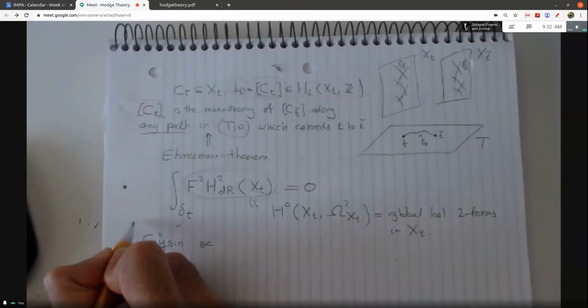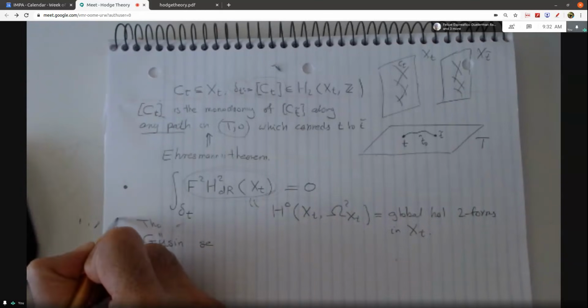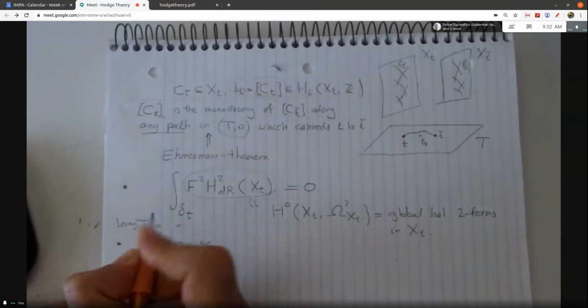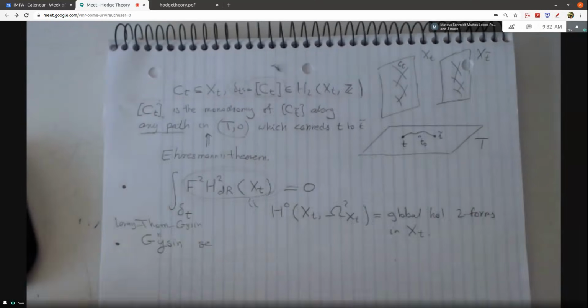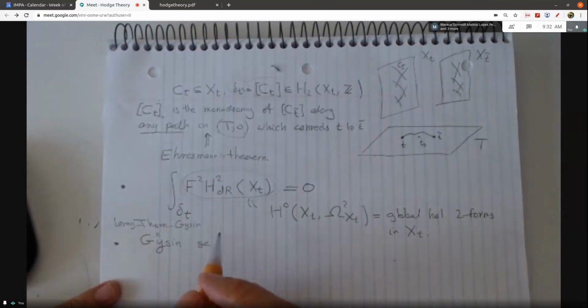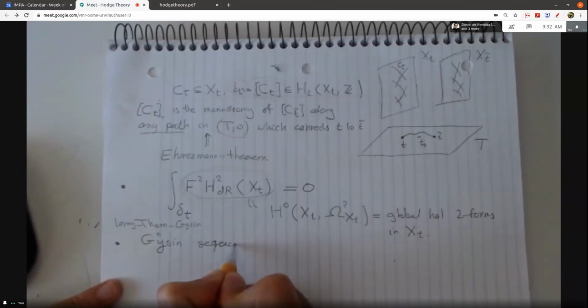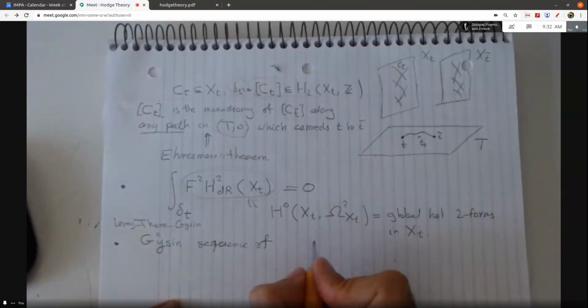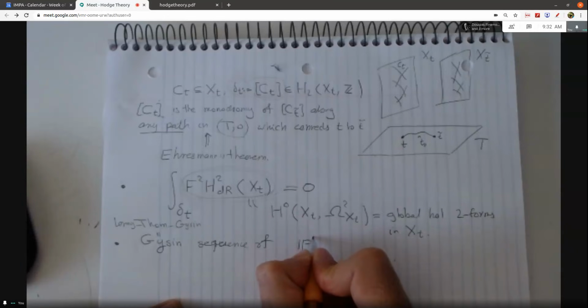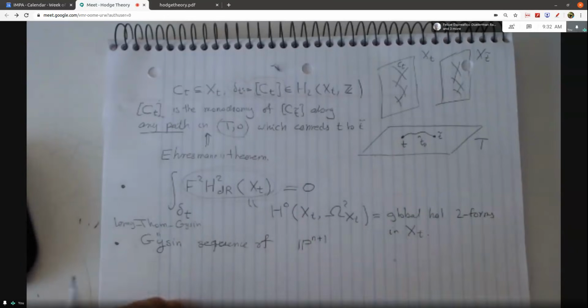Remember that we also called this the Leray, Thom, Gysin, which was basically the consequence of the Leray, Thom, Gysin isomorphism, but it is sometimes also called the Gysin sequence. Of which pair I have? Okay, from now on I will use arbitrary dimension.